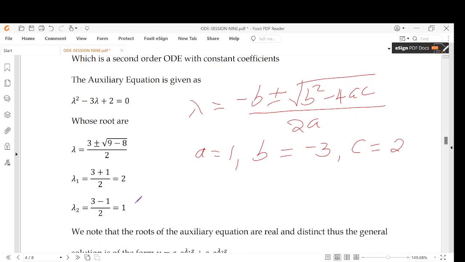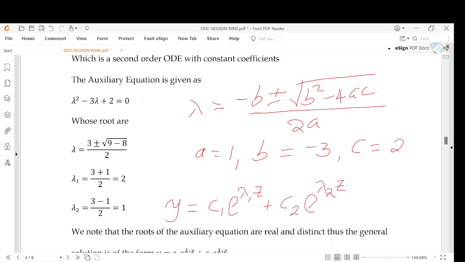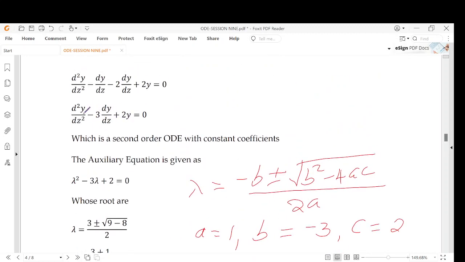We note that the roots of the characteristic equation are real and distinct, so we can write the general solution to be of the form C1 e raised to power lambda 1 z plus C2 e raised to power lambda 2 z. Notice that our independent variable in this differential equation is z and not x.